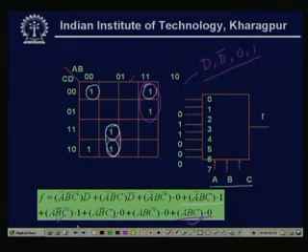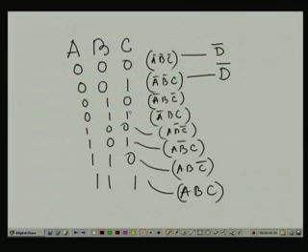See, for A bar B C bar, output should be 0, and A bar B C output is 1. So, A bar B C bar output is 0, A bar B C output is 1.